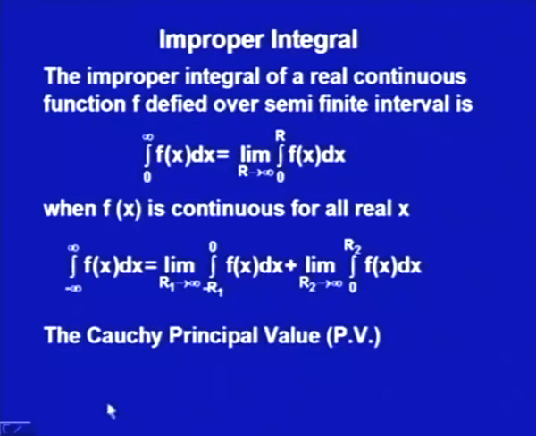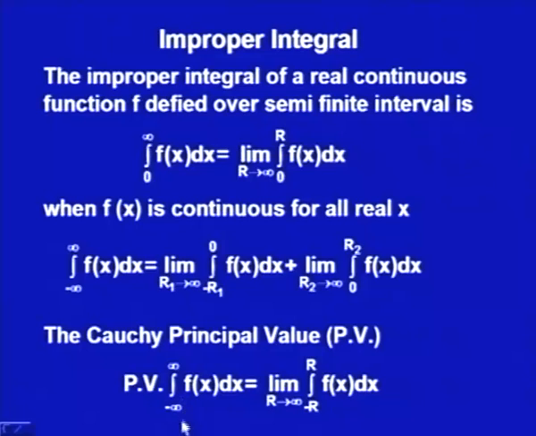What is it? The Cauchy principal value of the integral from minus infinity to plus infinity of f(x) dx is defined as the limit, as r approaches infinity, of the integral from minus r to plus r of f(x) dx. And if the integral from minus infinity to plus infinity of f(x) dx is convergent, that is, if both these limits exist, then the Cauchy principal value is equal to the value of the integral.